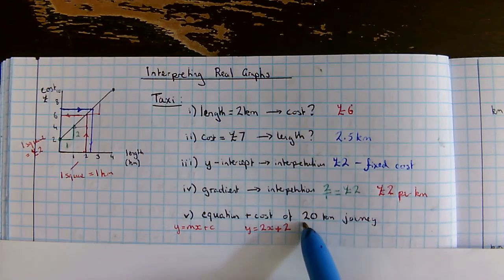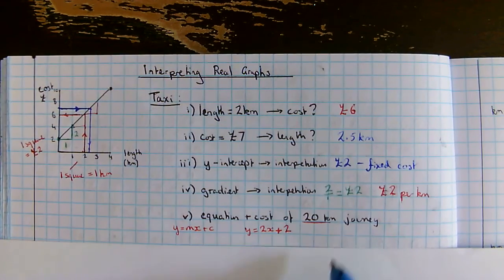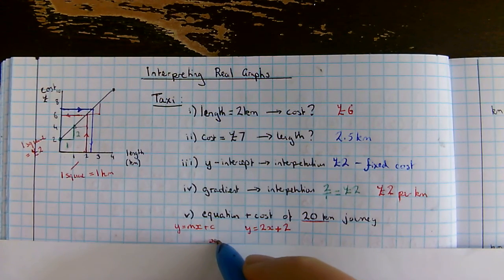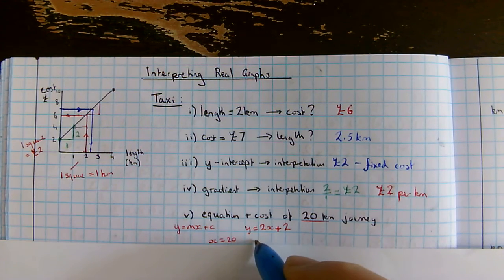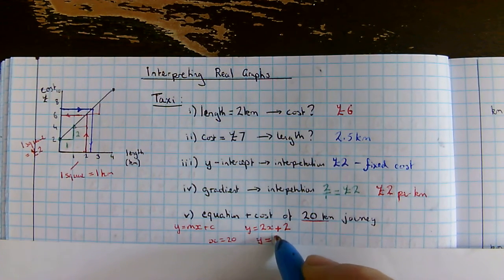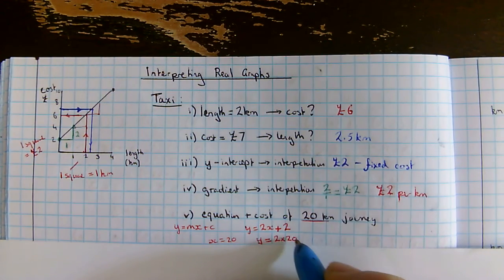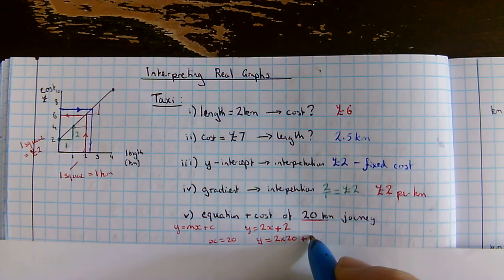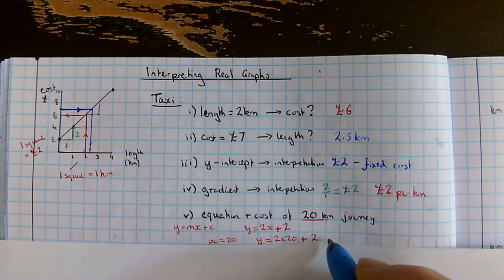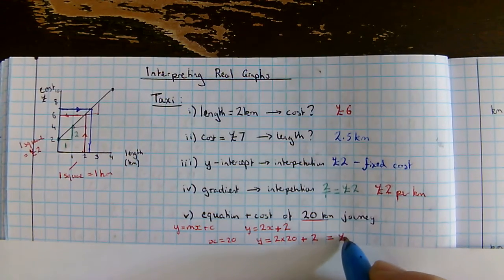If I wanted to know the cost of a 20-kilometre journey, I'm now saying that x equals 20, so y equals 2 times 20, £2 per kilometre for 20 kilometres, plus my £2 flagfall fee, which gives me £42.